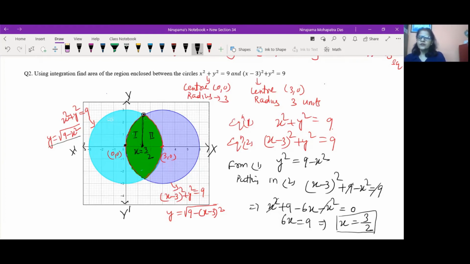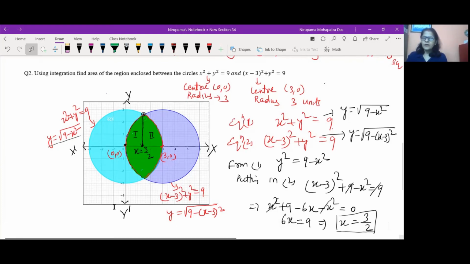So this is basically the basics. From this you can get y of circle 1 is under root 9 minus x square, and y of equation 2 is y equal to under root 9 minus (x minus 3) whole square. While taking the integrand, we have to write it in terms of y equal to f(x).